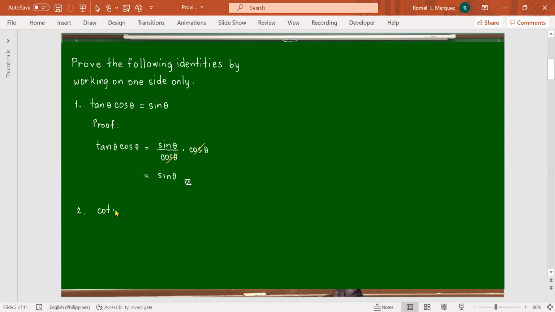Let's say we have cotangent x times cosine x is equal to cosecant x minus sine x.